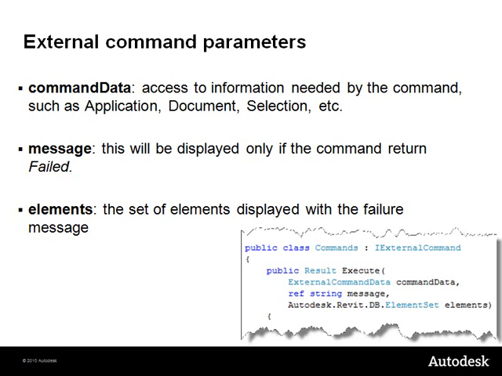The second, view, contains graphic and textual information, such as plans and schedules. Bottom line, we will use the command data in virtually all commands. If the command returns failed, then Revit will display the message parameter with the elements appended to the elements parameter.